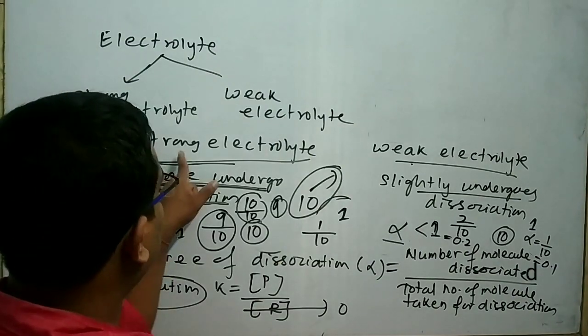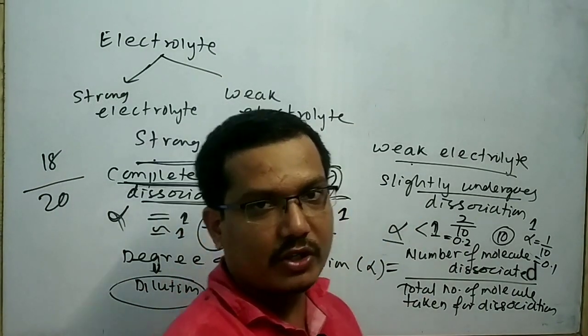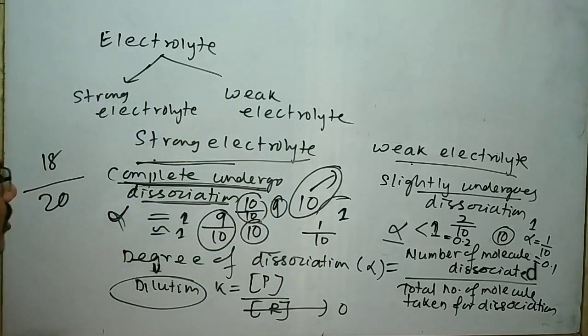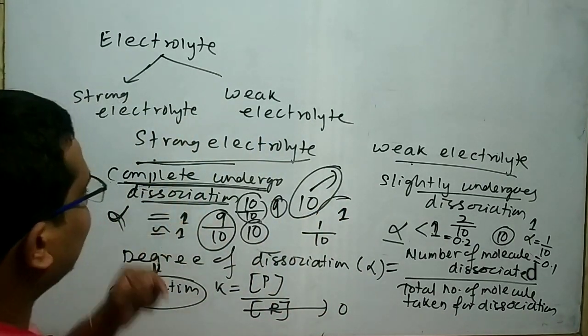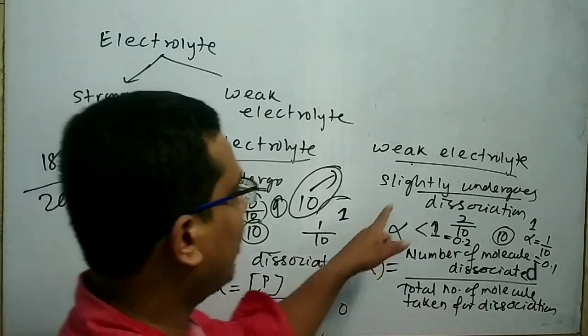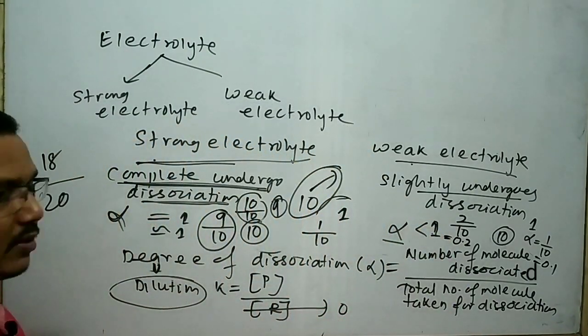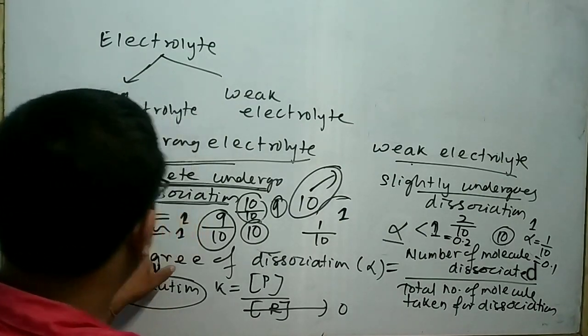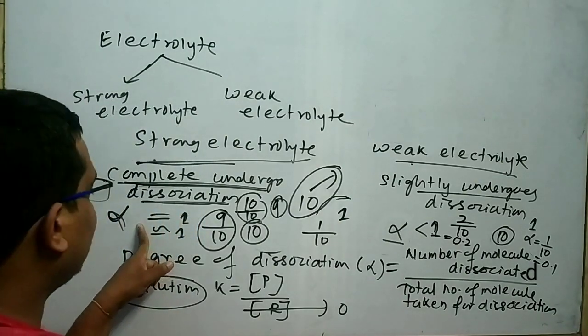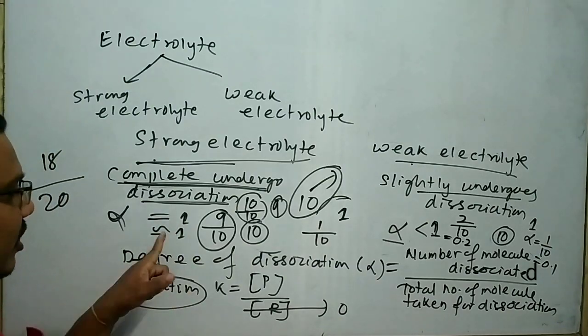If you think about the difference between a strong electrolyte and a weak electrolyte, the first point is that the strong electrolyte undergoes complete dissociation, while the weak electrolyte undergoes slight dissociation. The second point is that in the case of a strong electrolyte, the degree of dissociation is equal to 1 or nearly equal to 1.